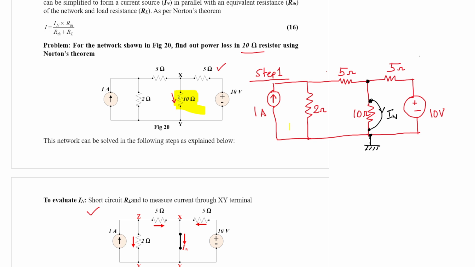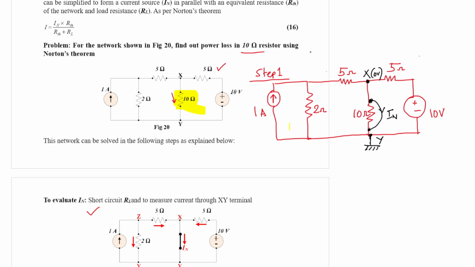However, as the 10 ohm resistance is short circuited, it is effectively out of the network. So node X and node Y now become the same node. The potential of X becomes 0 volt because it is short circuited.